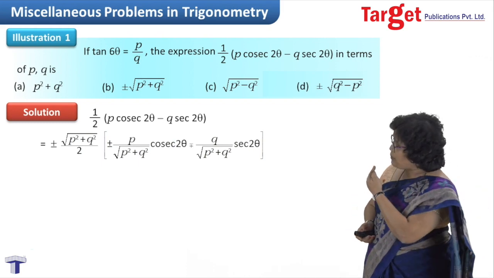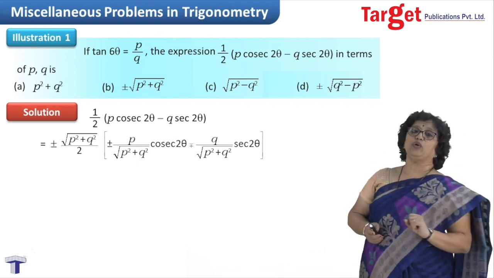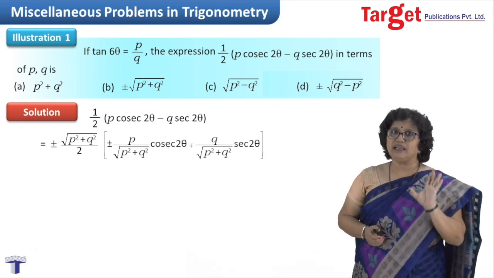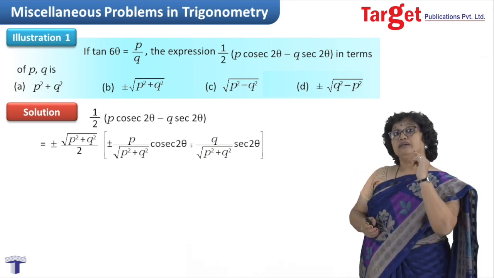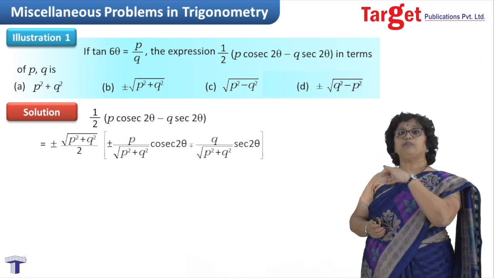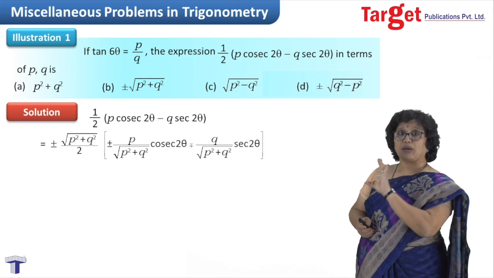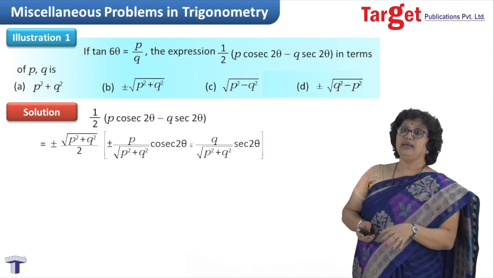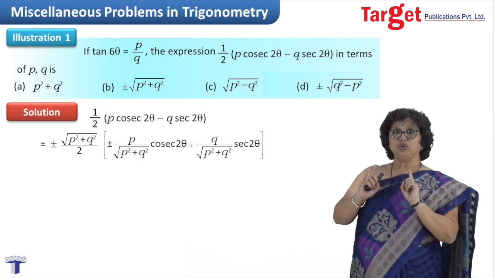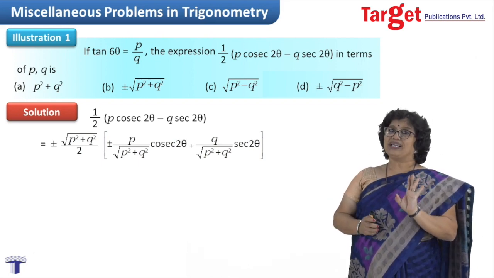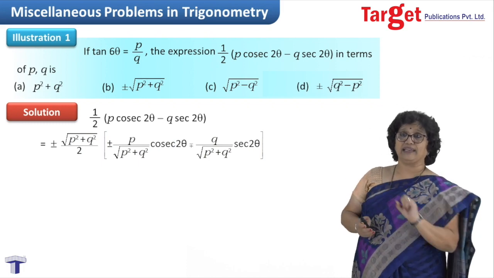Now when we see p upon under root p square plus q square and q upon under root p square plus q square, with some mental calculation you will understand that p upon under root p square plus q square, whole square, and q upon under root p square plus q square, whole square, if I add these two, I get 1. So it is like sine square theta plus cos square theta equal to 1.